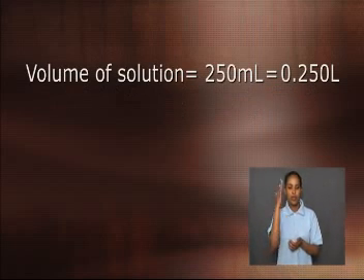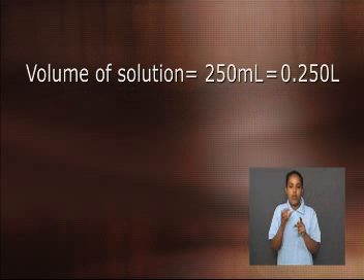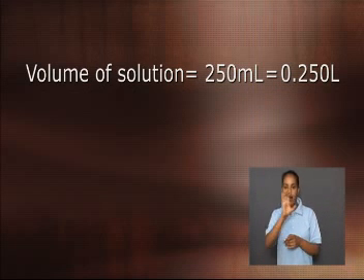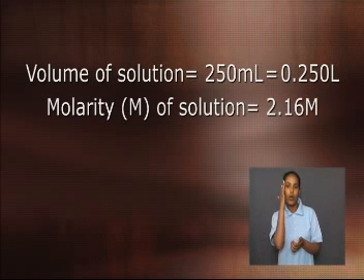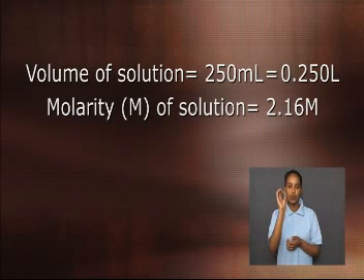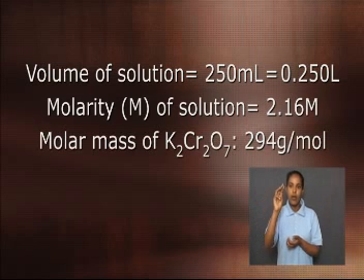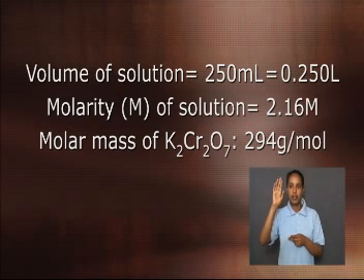We know that the volume of the solution is 250 milliliters, or 0.250 liters. We also know that the molarity of the solution is 2.16, and the molar mass of potassium dichromate is 294 grams per mole.